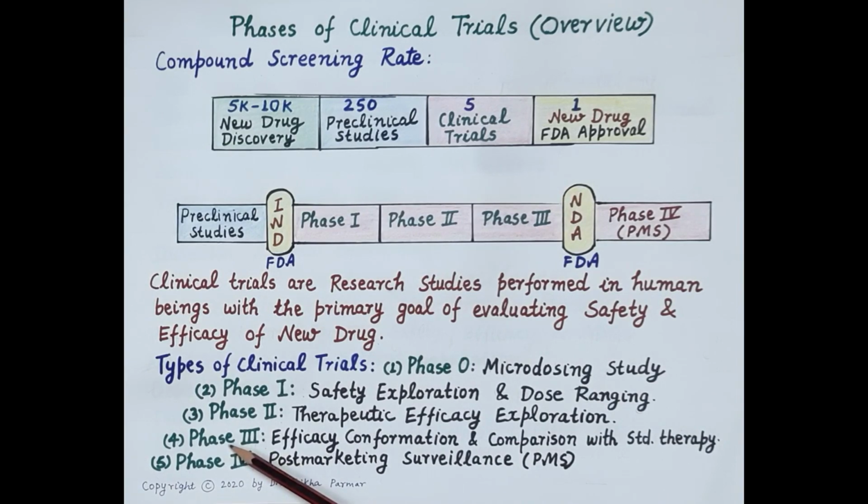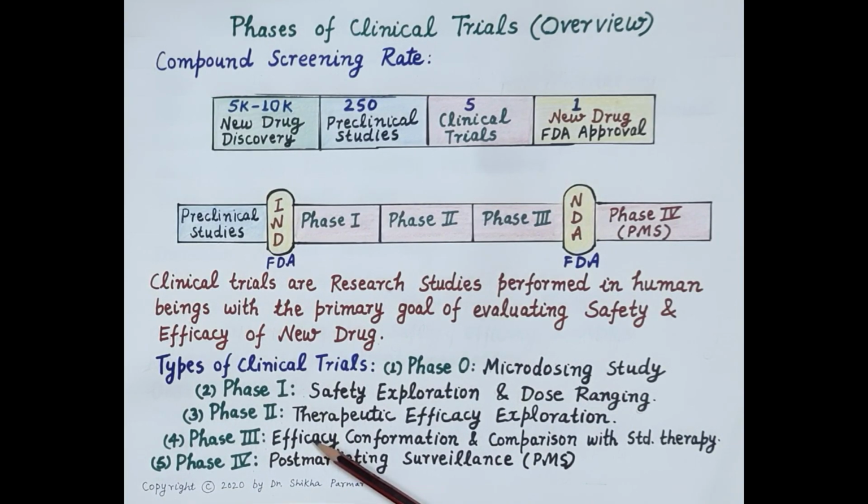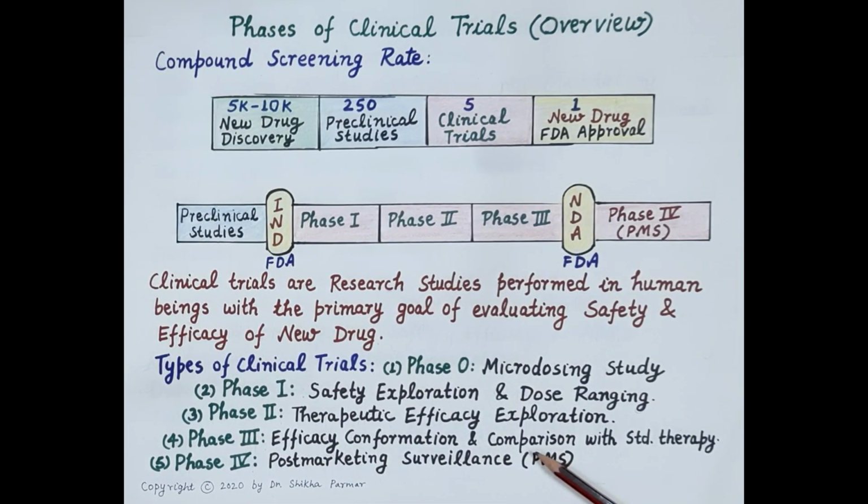Phase 3 trials finally confirm efficacy of the drug candidates, and apart from this, efficacy of the drug candidate is compared with the available standard drug or therapy in the market. By the end of phase 3 trials, one new drug is identified while all the other drug candidates are rejected.